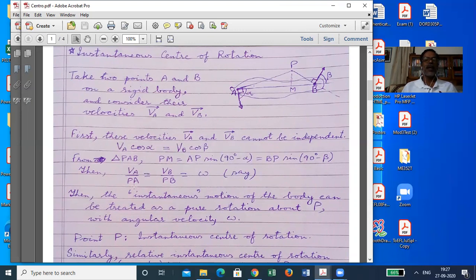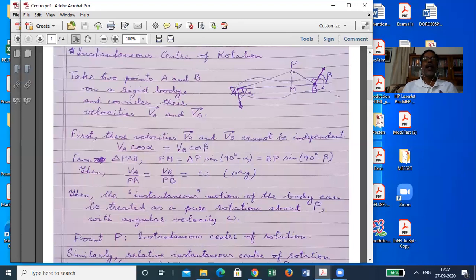This common ratio, we give it a name, omega. Fine. And then you will say that if we consider omega as the angular velocity of the body, then the whole thing fits. And we can say that this body is actually rotating about this point P.